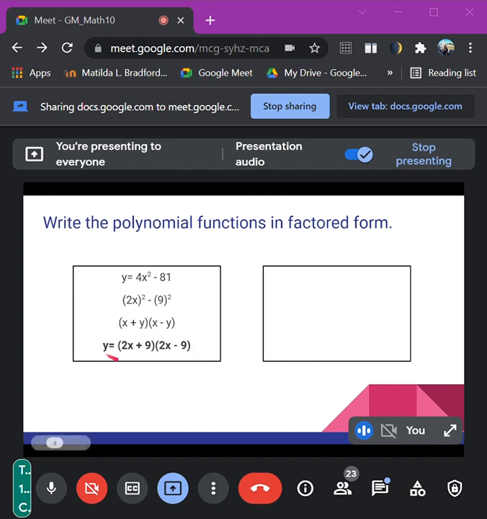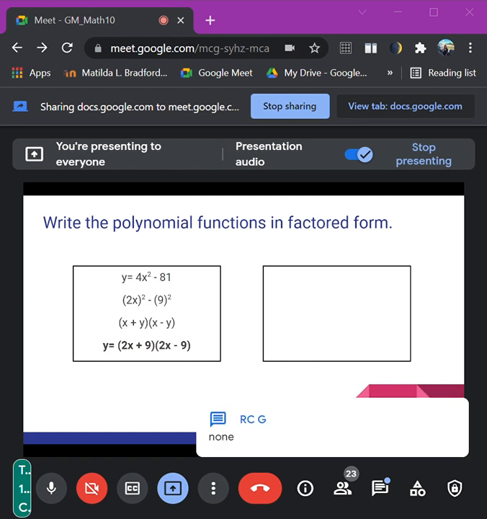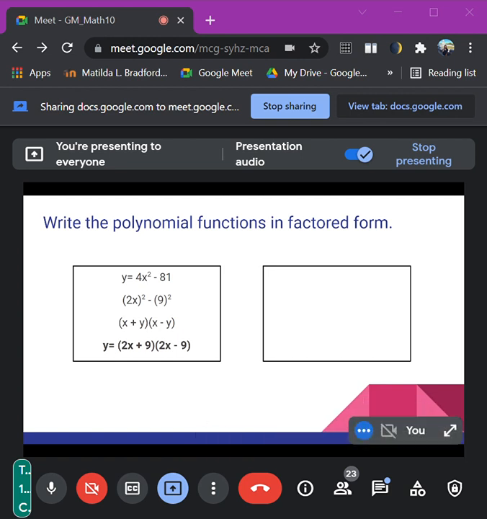So this is now your factored form. From y equals 4x squared minus 81, it became y equals 2x plus 9, quantity 2x minus 9. Okay, questions for our first example? None. Okay, very good.